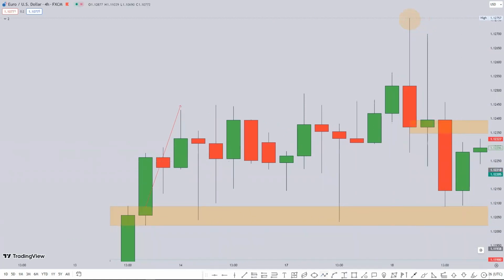But if you take a little more consideration in depth, we would be able to spot this low, the market breaking this high, forming this low.